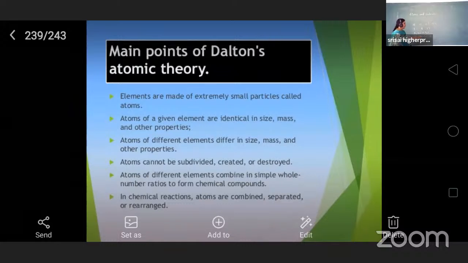So simple whole number ratios form chemical compounds. Atomic number of oxygen is 8 or 16, students?